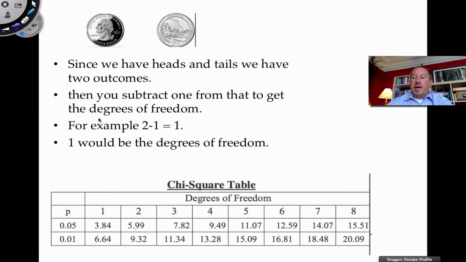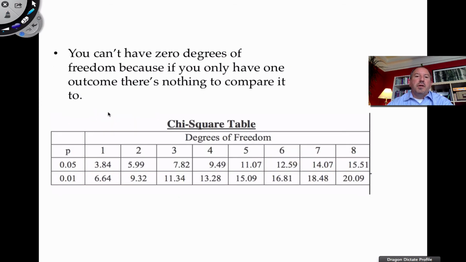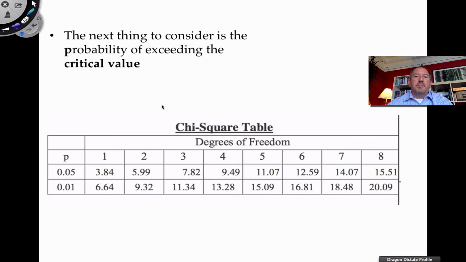Here's your question: how come degrees of freedom are always 1, 2, 3? Well, you can't have a 0 degree of freedom, because if you have only one outcome, there's nothing to compare. Okay, so I hope that's clear. So the next thing I want to consider is the probability of exceeding the critical value. These are the critical values. These are the degrees of freedom.